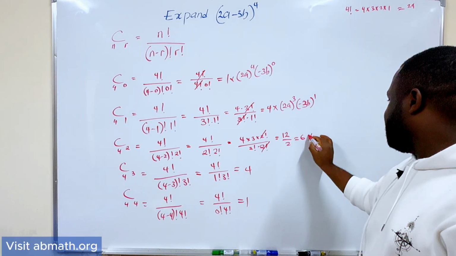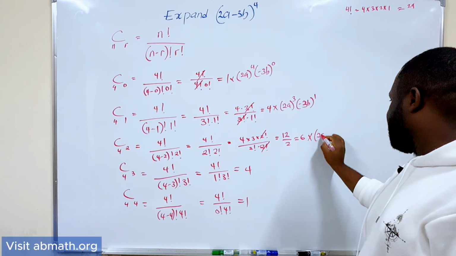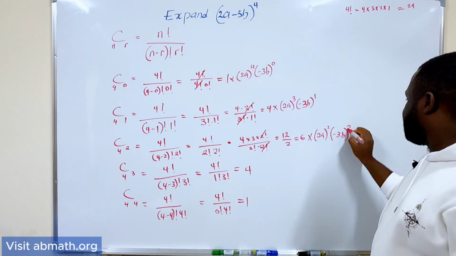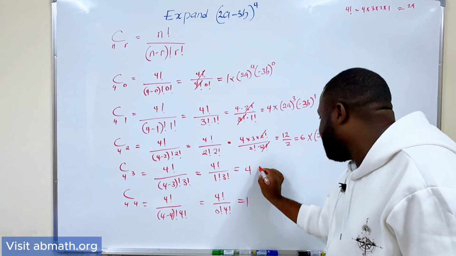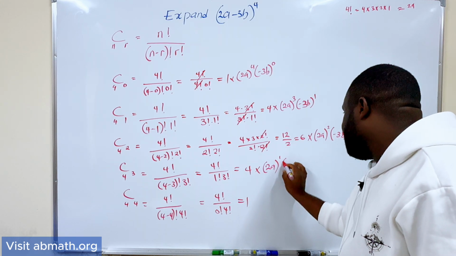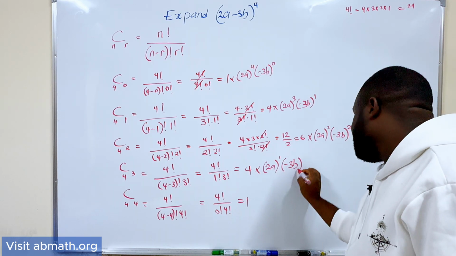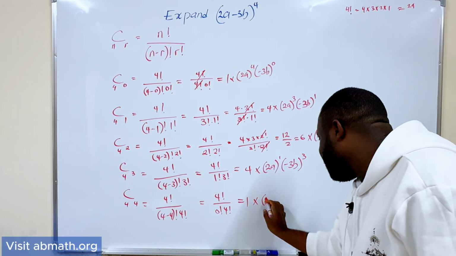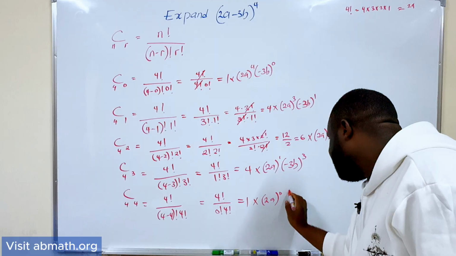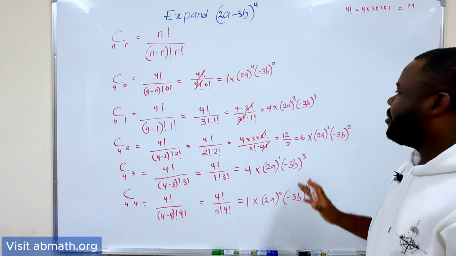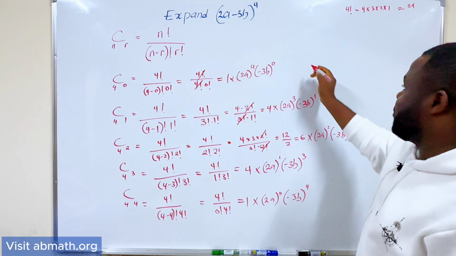Then this 6 multiplied by 2a power 2 multiplied by negative 3b power 2. The next is 4 multiplied by 2a power 1 multiplied by negative 3b power 3. Now 1 multiplied by 2a power 0 times negative 3b power 4. This is just how you do it, and you get your answer.